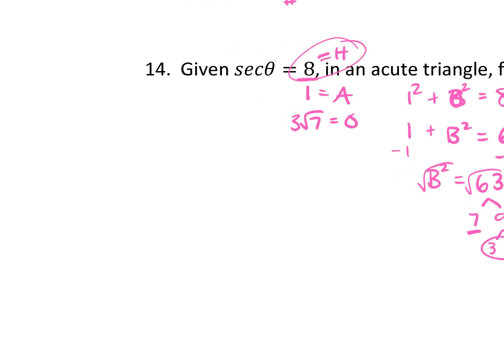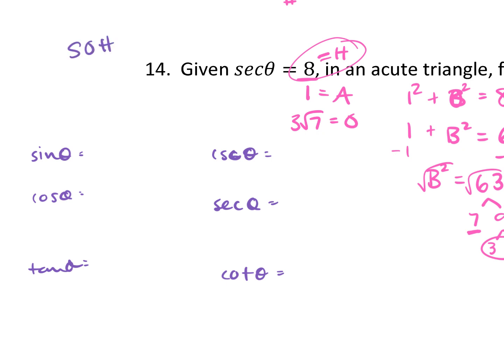So let's find our 6 trig functions. Sine, cosine, tangent, cosecant, secant, cotangent. So according to SOHCAHTOA, sine is opposite over hypotenuse.